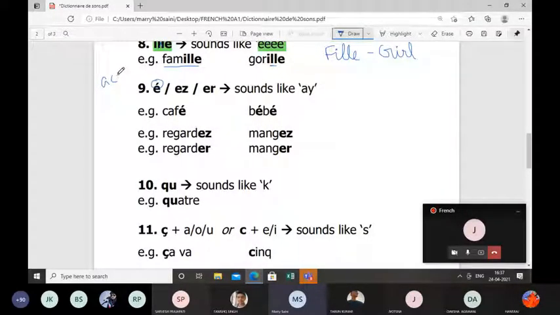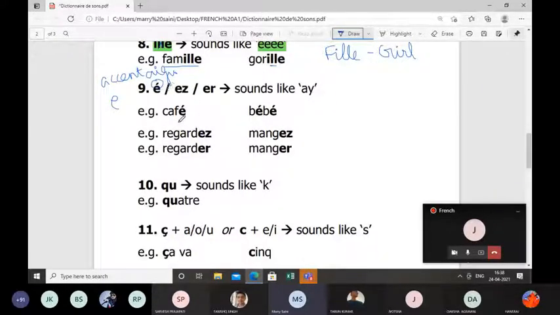We will be doing these accents in detail in the next class. So if this accent is over E in this direction, the sound is "ay". And without accent, the sound of E is different. Without accent, this is "uh". But with accent, it will become "ay".